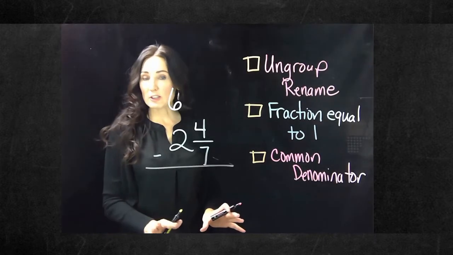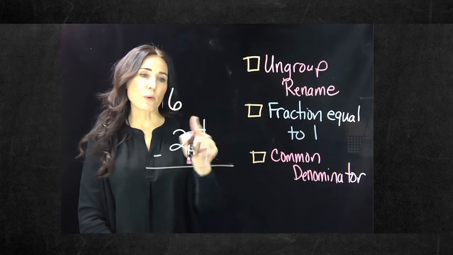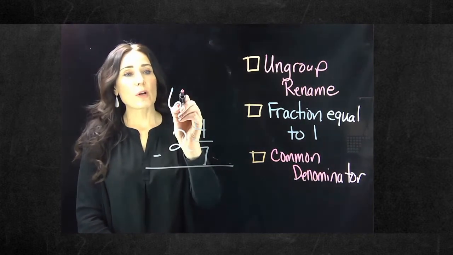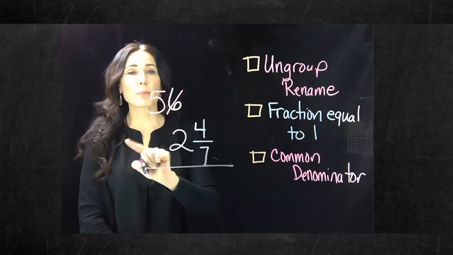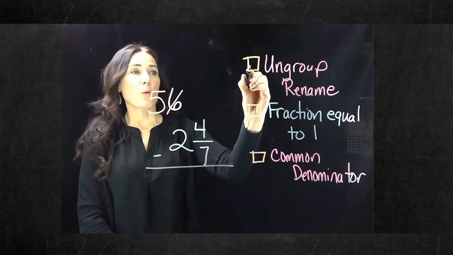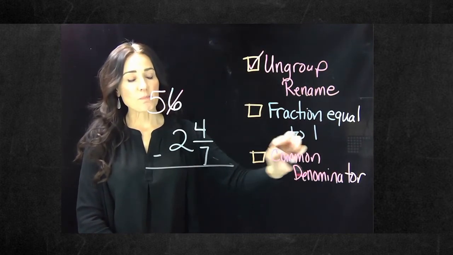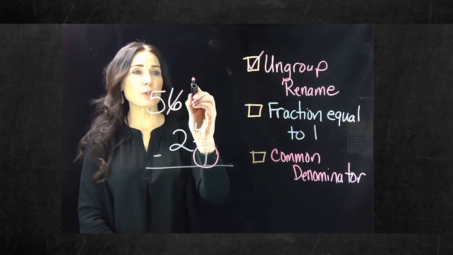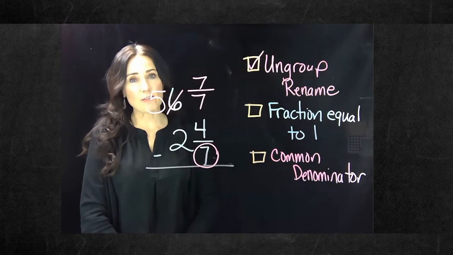All right, so let's solve this problem together and check your work. First off, we know we can't subtract from nothing. So we are going to ungroup our 6 and change it into a 5 plus 1. But our 1 is going to be in the form of a fraction that's equal to 1. And since my denominator is already a 7, I'm going to make a fraction equal to 1 that has a denominator of 7.